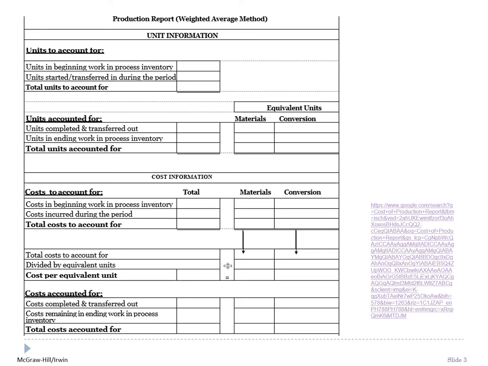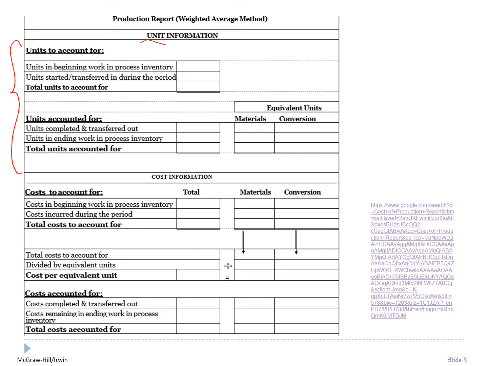As you can see, it is divided into two main parts. The first part is used to account for the units of work in process in that particular department, or units of inventory for that department.